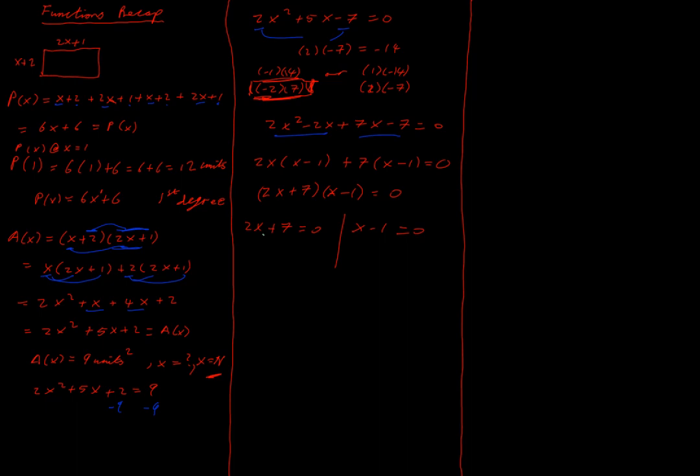So both answers must be valid independent of each other. Rearranging to get x by itself, I find that x could be equal to minus 7 over 2, or x could be equal to 1.